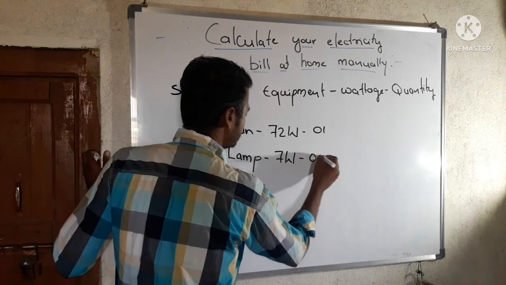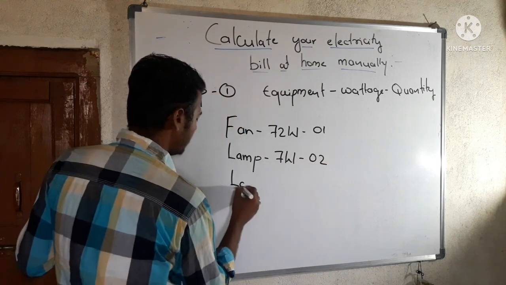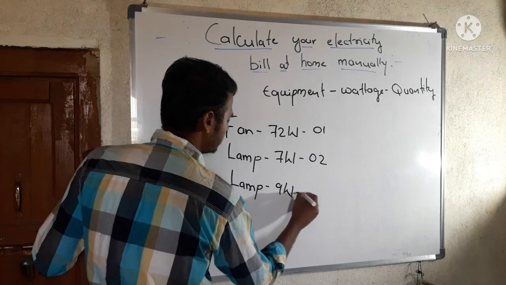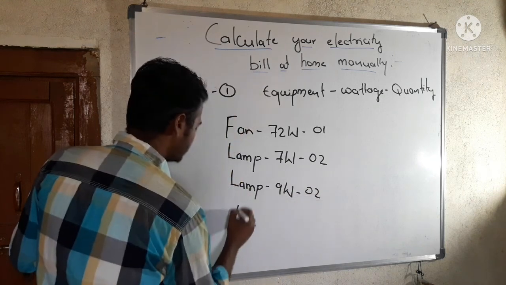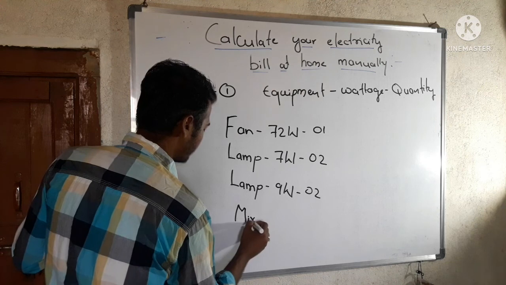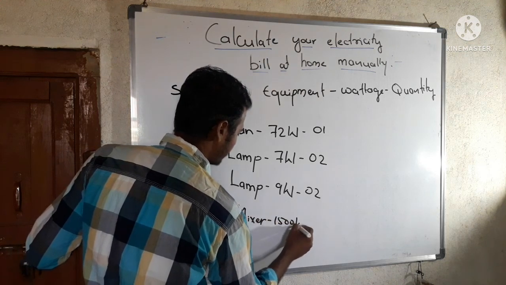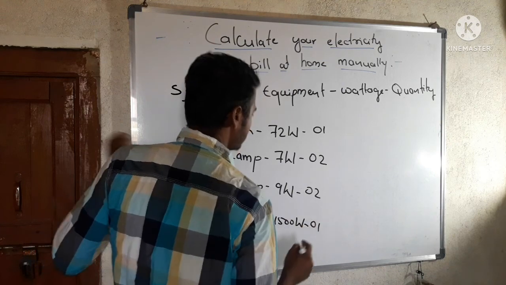The quantity is 02, and another lamp of 9 watt. The quantity is 02, and a mixer of 1500 watt. The quantity is 01.